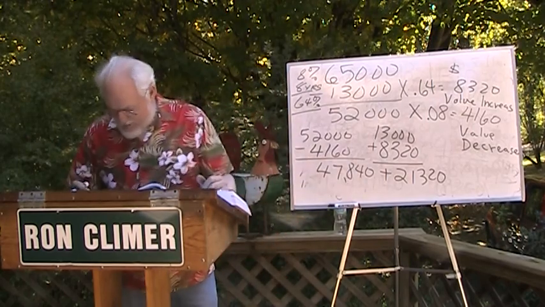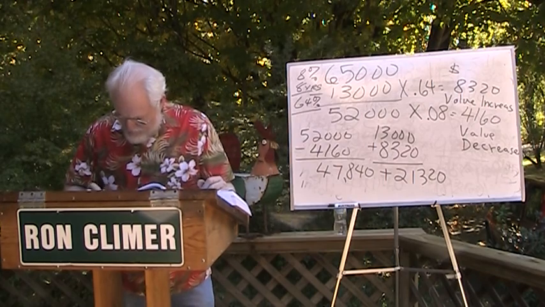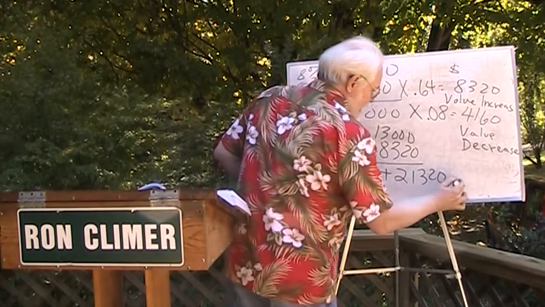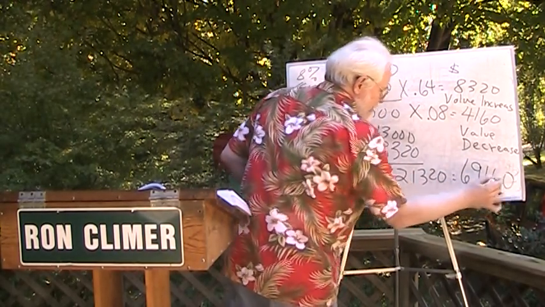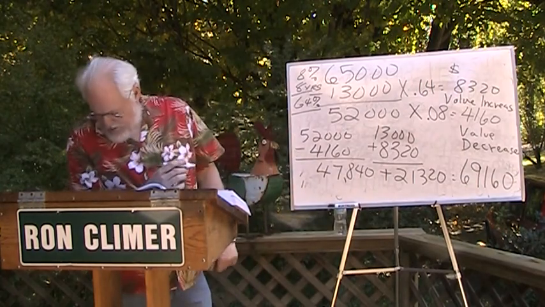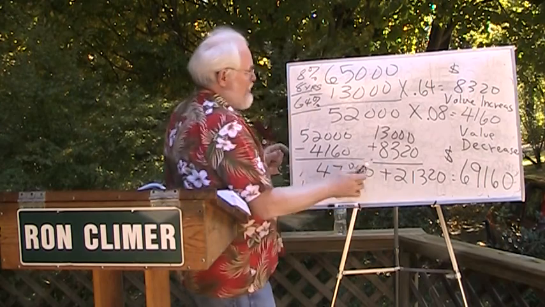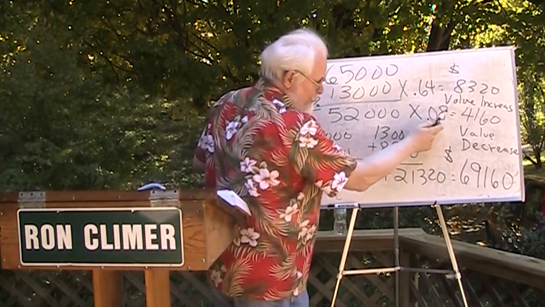All right, let's try this. Plus $47,840, and my calculator says that house and lot today is worth $69,160. So we took the value of the house times 8%.